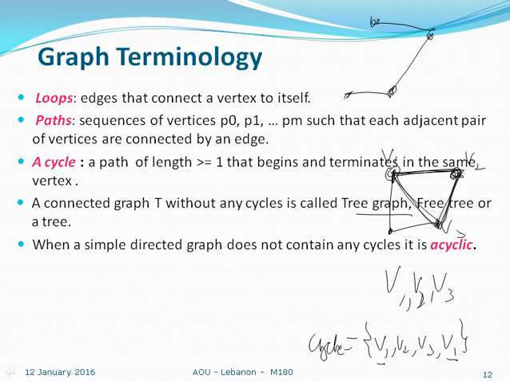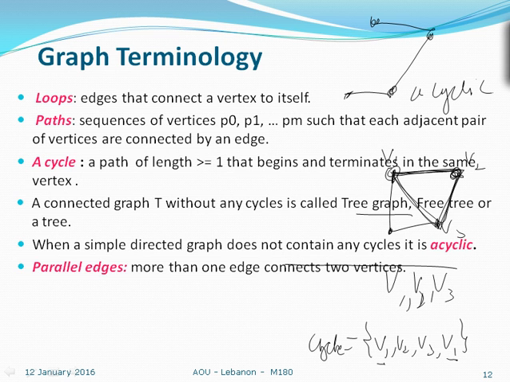When a simple directed graph does not contain any cycle, we call it an acyclic graph, a graph without cycles. Parallel edges: between two vertices there is more than one edge. For example, this is V1, this is V2. If there is more than one edge, we call these edges parallel, because they start from the same vertex and reach the same vertex.